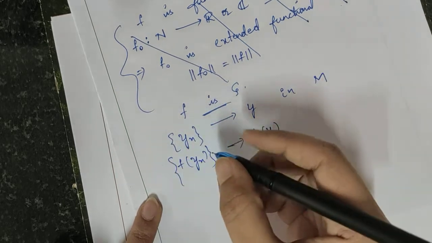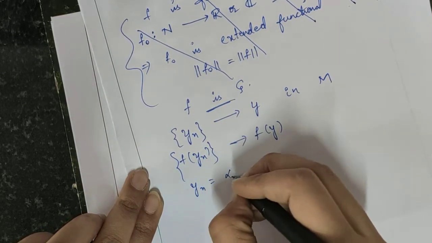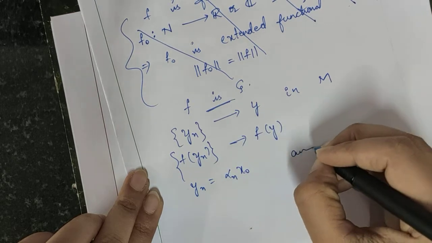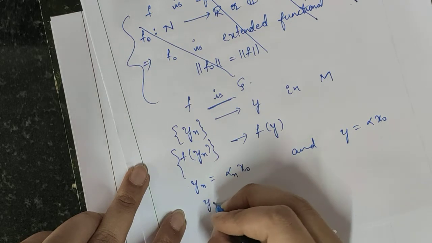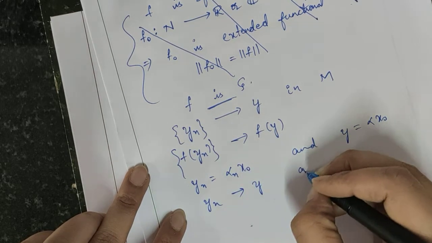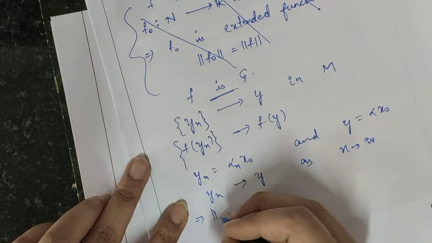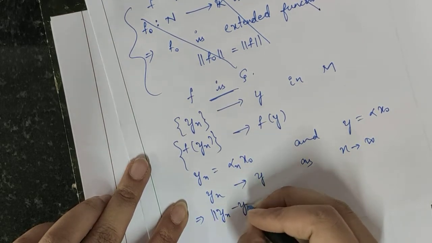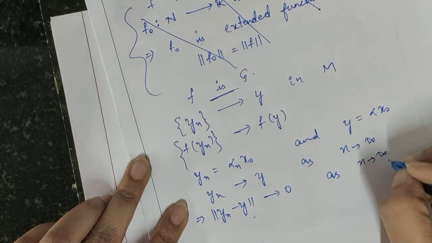So now I will define yn as alpha n x naught and y as alpha x naught. So if yn tends to y as n tends to infinity, from this we can write norm yn minus y tends to 0 as n tends to infinity.